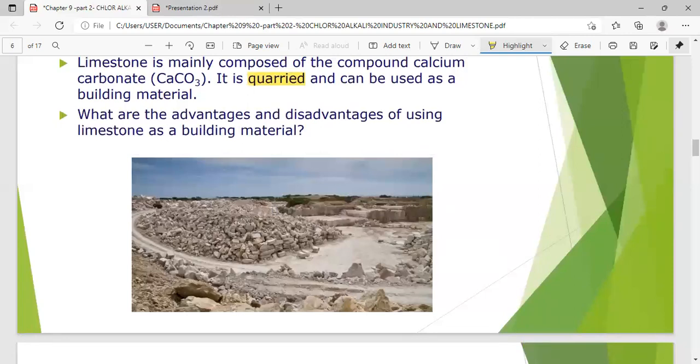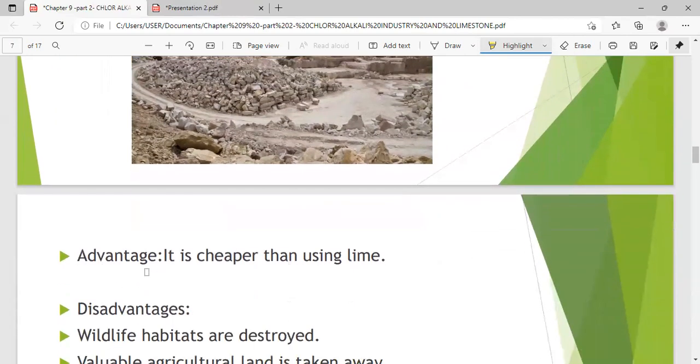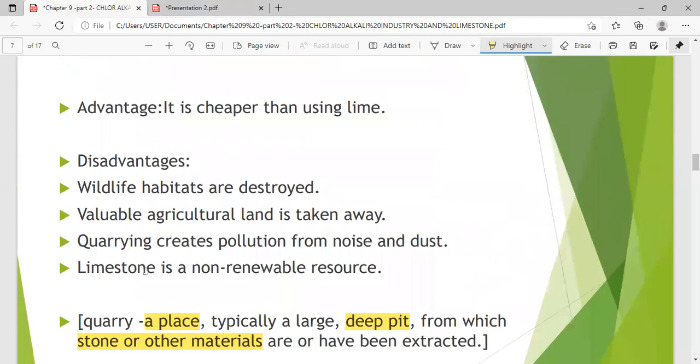Now let us see what are the advantages and disadvantages of using limestone as a building material. Earlier we saw that it's a kind of rock, so it is durable and so on. But what advantage does limestone have? Limestone is cheaper than using lime. Now, what is lime?